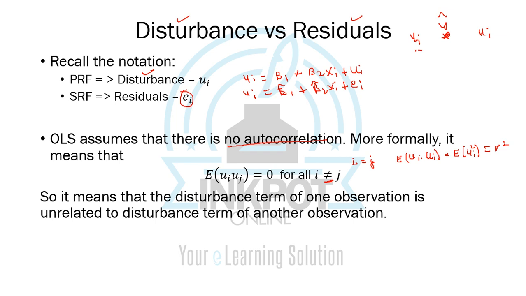The difference between these two values for each observation is what constitutes my disturbance term. Let's call this u1, u2, u3. The disturbance terms for the first, second and third observations are not correlated among themselves. That's the basic idea behind this assumption of no autocorrelation.